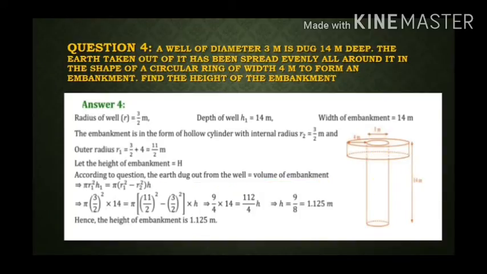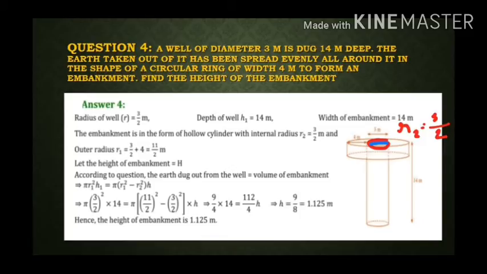Now for the embankment, for the smaller space, the radius, I am considering that as r2, is 3 by 2, because for the inner space the diameter is from here to here, which is equal to 3 meter. That is why the radius will be 3 by 2.